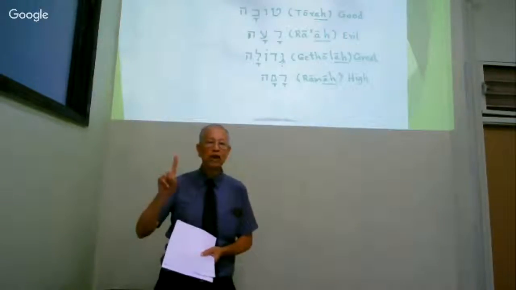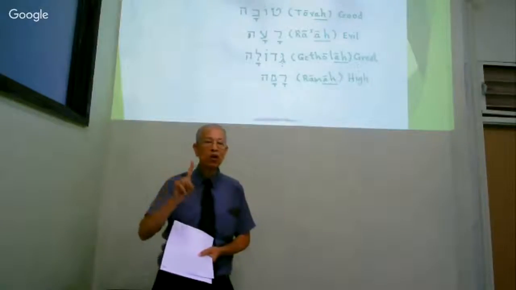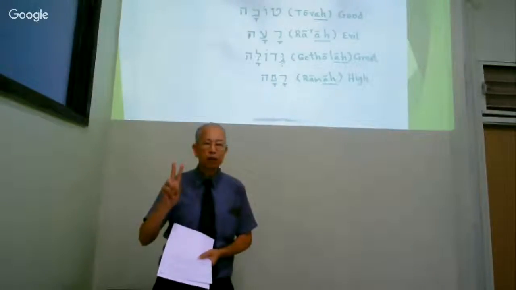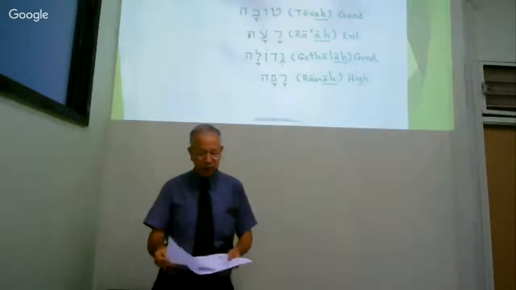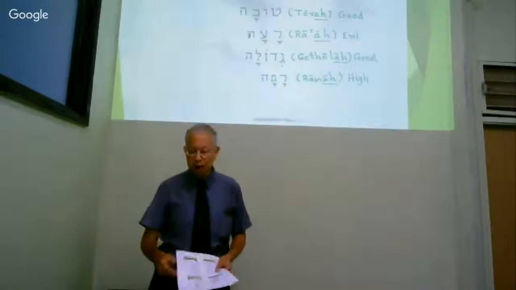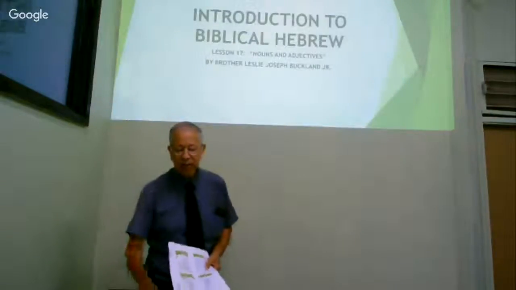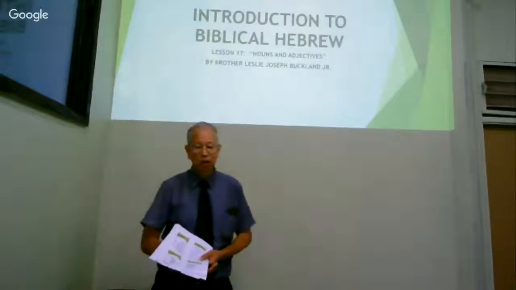No special ending for the masculine singular noun or adjective, but a special ending for the feminine singular noun and the feminine singular adjective. That is what we have learned today in the lesson entitled Nouns and Adjectives.